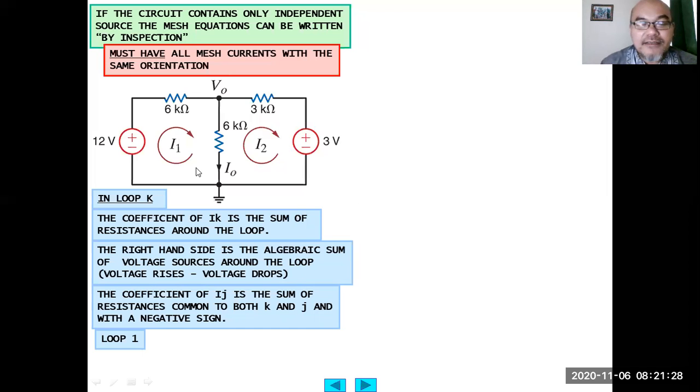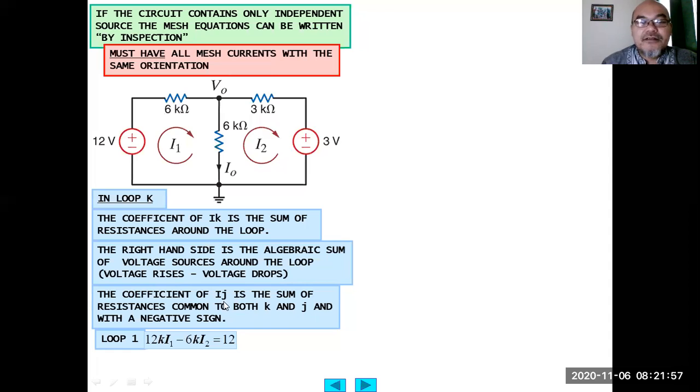So for example, here in loop 1, there is this voltage source, so you can immediately put on the right hand side of the equation 12. Then here 12k I1 minus 6k I2, because this comes from the 6k I1 plus 6k I1 here.